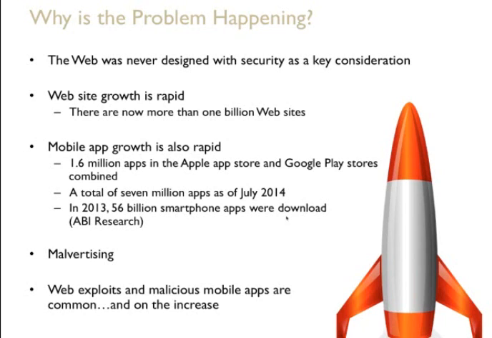Malvertising, another serious issue. Malicious advertising, it's a very common problem. You've probably experienced it many times without even knowing about it. And so web exploits and malicious mobile apps are common, and they're definitely on the increase. We just see more and more of these kinds of things, including more sophisticated kinds of attacks over time.